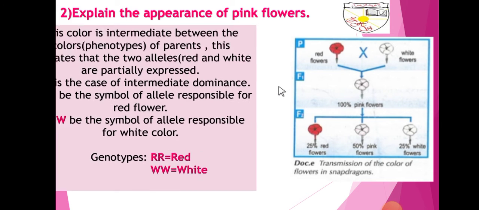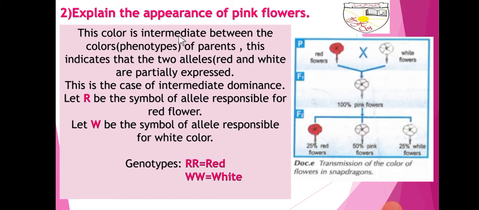Okay? So now we are going to explain the appearance of the pink flower, how the pink flower appears. This is red and this is white, so how did the pink flower come? This color is intermediate, meaning it comes in the middle between red and white. It takes from the red and from the white and makes a new color called pink. So this color is intermediate between the phenotype colors of the parents. This indicates that the two alleles, red and white, are partially expressed.